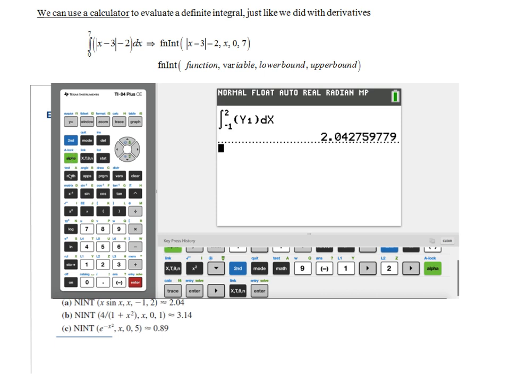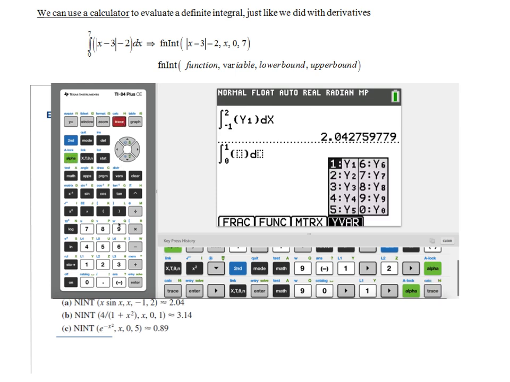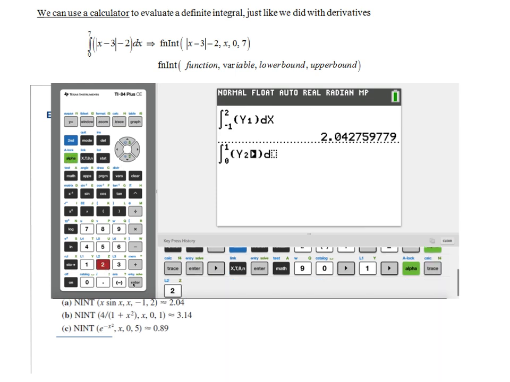For part B, we'll do again math 9, and this integral is from 0 to 1, and the function is y2, so alpha trace y2, and then again our dx.